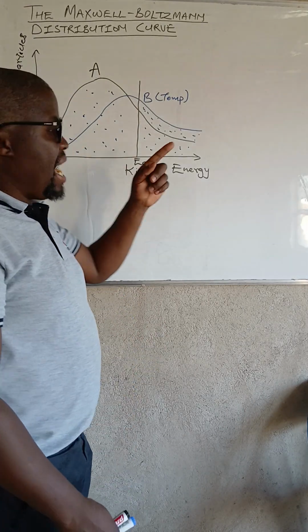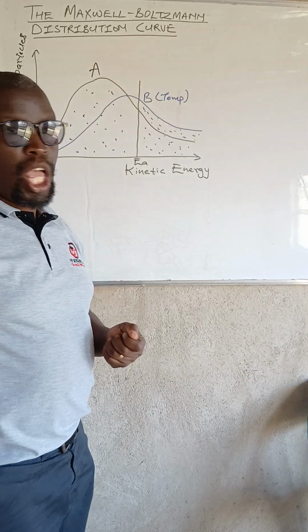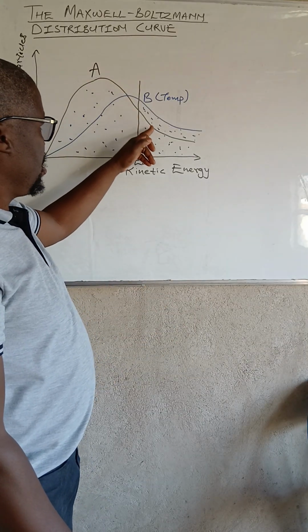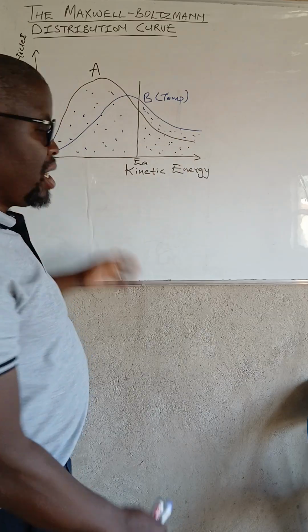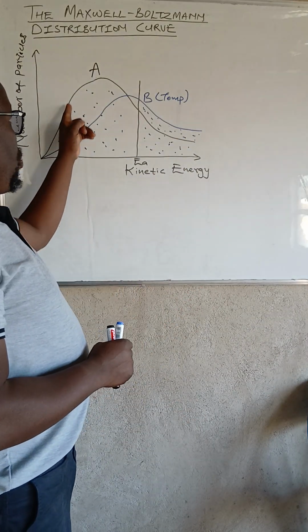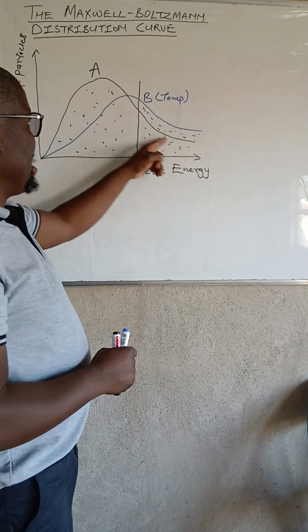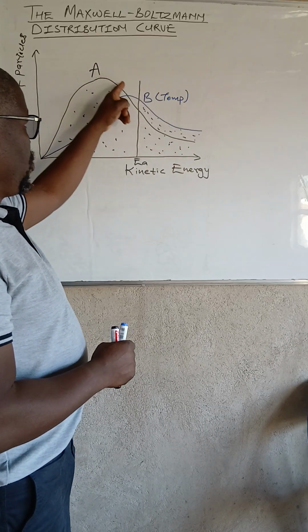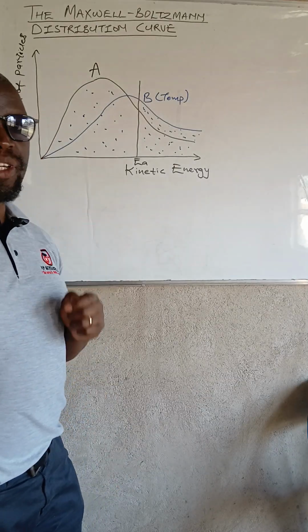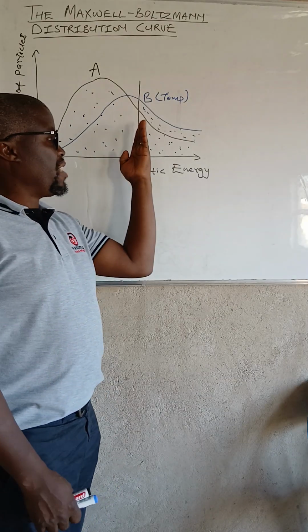If a catalyst is added to the system, nothing will happen to the steepness of the curve at different points, meaning that the initial curve will remain as it is. The only thing which is going to change is the activation energy.